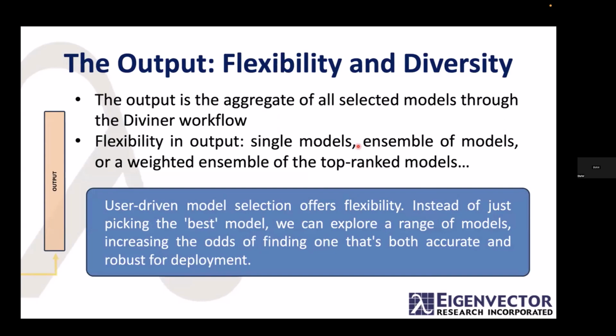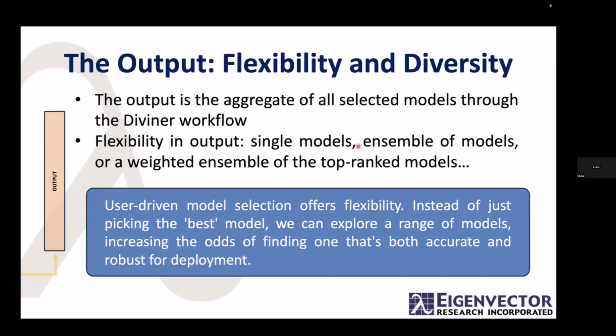So the output, flexibility and diversity. It's an aggregate of all the selected models through the Diviner workflow. And at that point, once you've gone through all this, you can choose a single model, an ensemble of models, or a weighted ensemble of the top ranked models. We think that user-driven model selection offers flexibility.